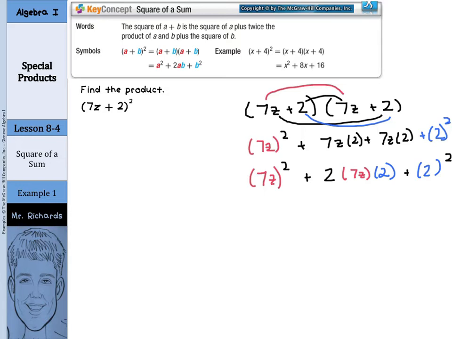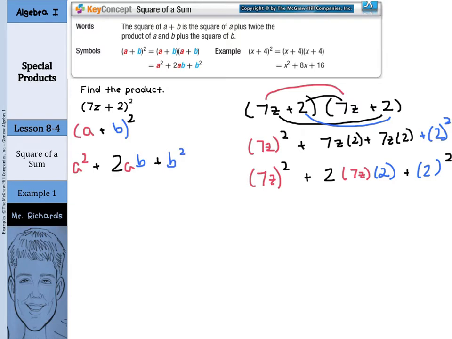Now, before we get into finishing that, let's take a look at our rule here for square of a sum. If we have 7z plus 2, and that's squared, I can call 7z my a, and I can call 2 my b, and I can apply this rule where I take a squared plus 2 times ab and add it to b squared. That is my square of a sum rule.